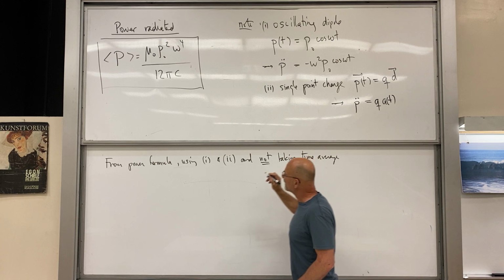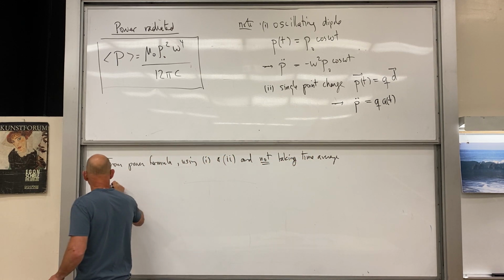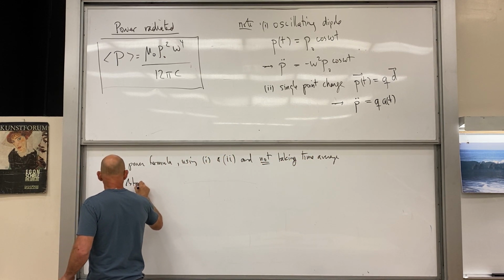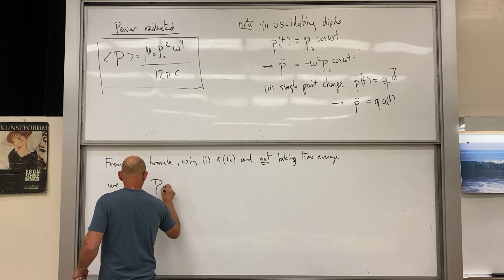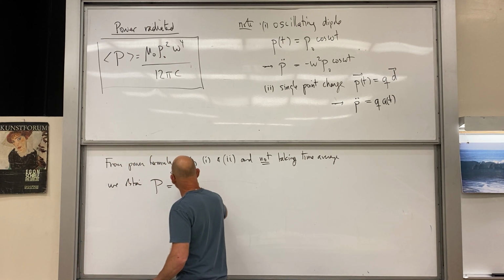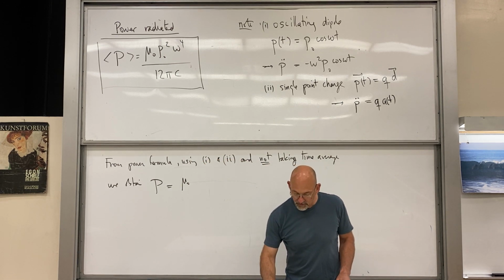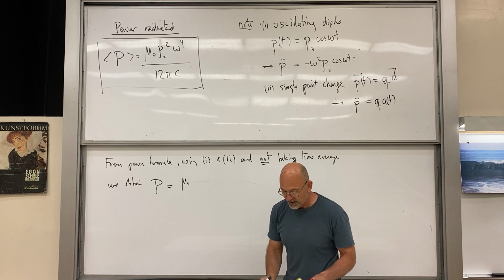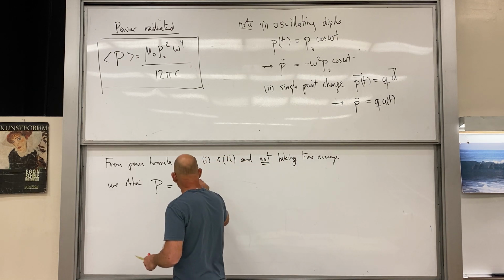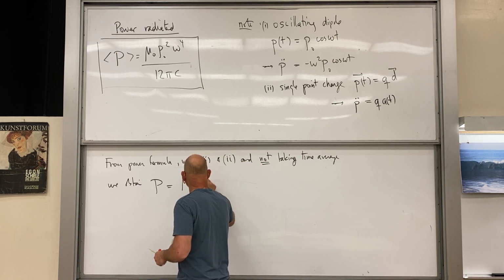That's our argument. We get power radiated is mu naught, we'll have the Q squared A squared. Make sure I got that right here. Yeah, just Q squared A squared over 6 pi C.